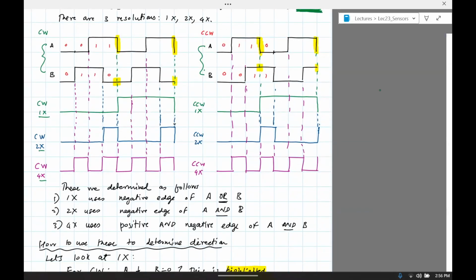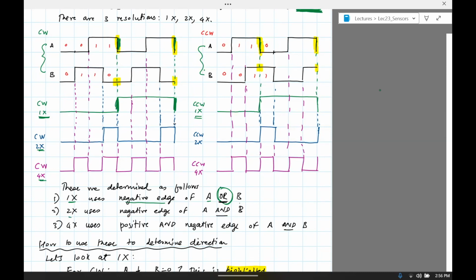Now, as I said, there's 1x, 2x, 4x. 1x uses the negative edge of A or B. The keyword is or B. So for example, if A did the negative edge, we use a negative edge trigger flip-flop to count. Let's say we use A, though we could use B. So when you say 1x, it is triggered when this hits the negative edge. Similarly, negative edge, this gets triggered. Same for here, negative edge, trigger.